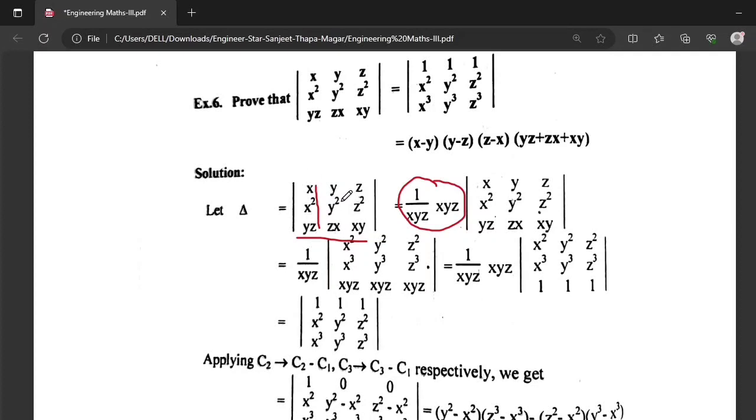Here y is missing, so multiplying by y, and here z is missing, so multiplying by z.